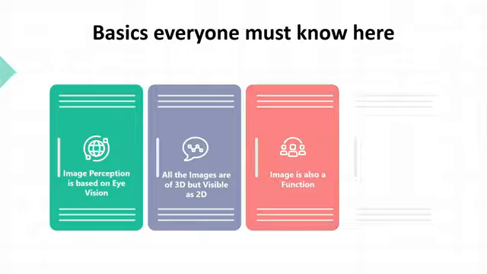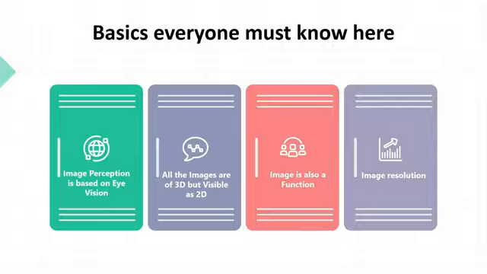Next, an image is also a function, just like a signal, as we might have studied in our engineering concepts. Signal is a function. Similarly, image is also a function, whereas a signal is a one-dimensional function, an image is a 2-dimensional function, which is made up of pixels and a number of levels. And the last one, which is very familiar to everyone, even a layman, is image resolution.